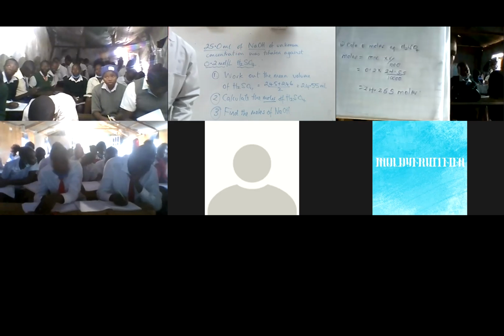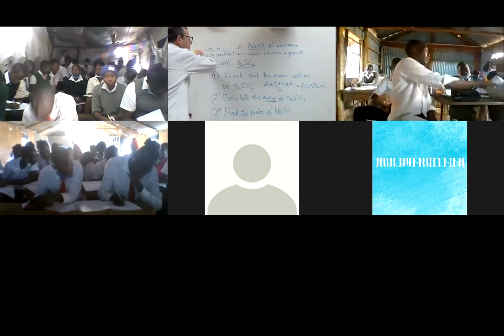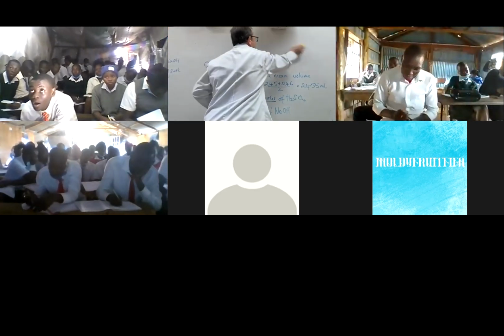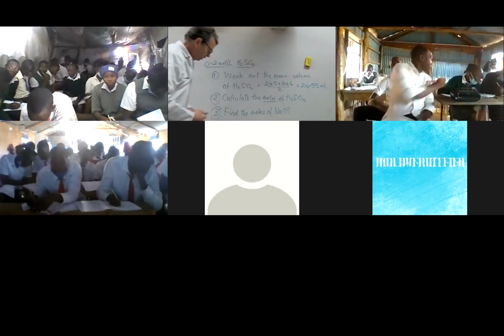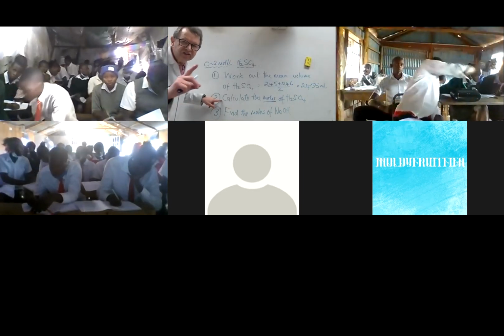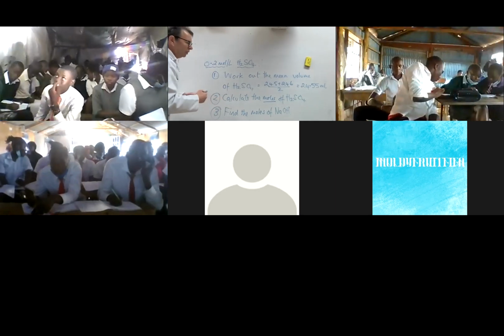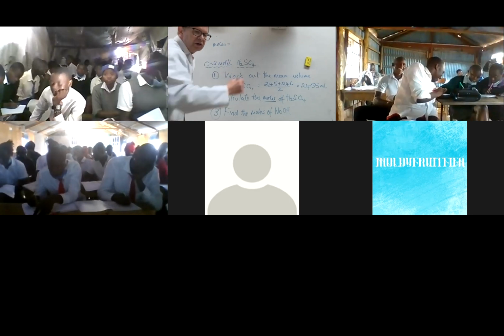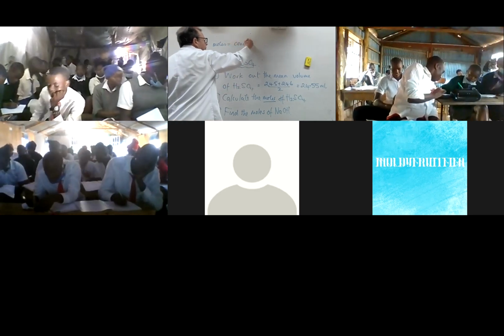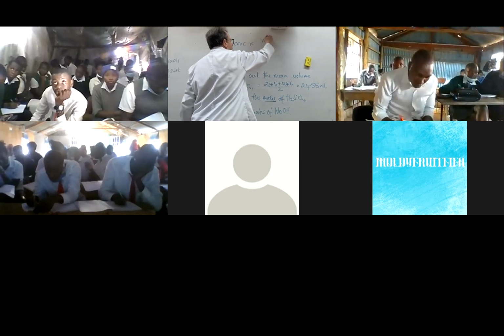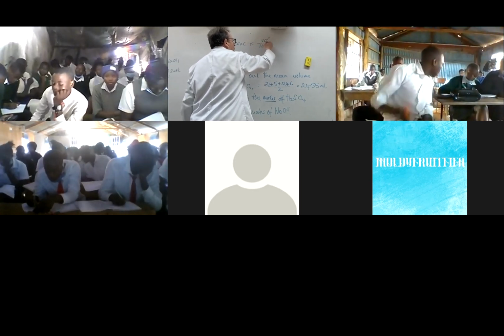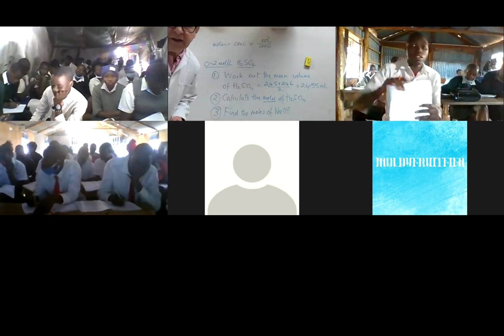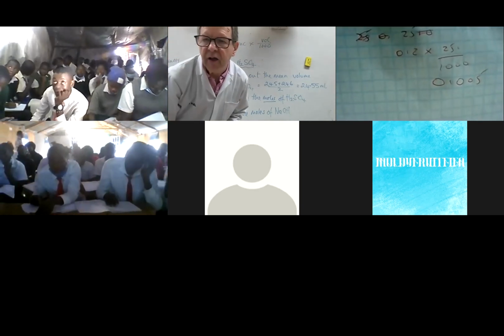24.255. Not quite. So number 2, let's just have a look at this here. Moles equals concentration times volume over 1,000. Okay? So equals that. That's much better.